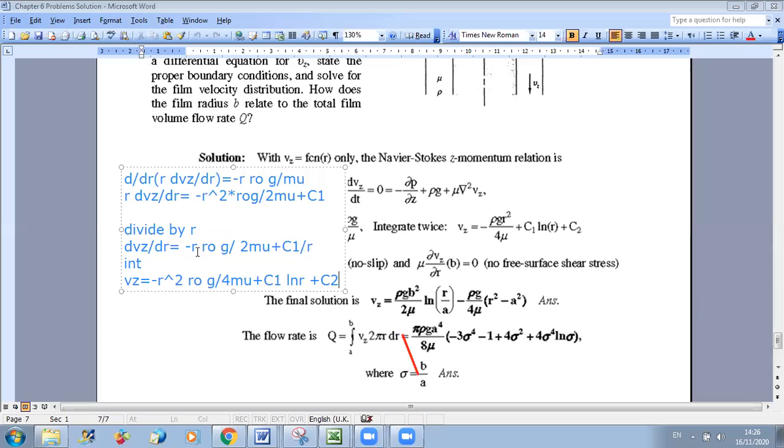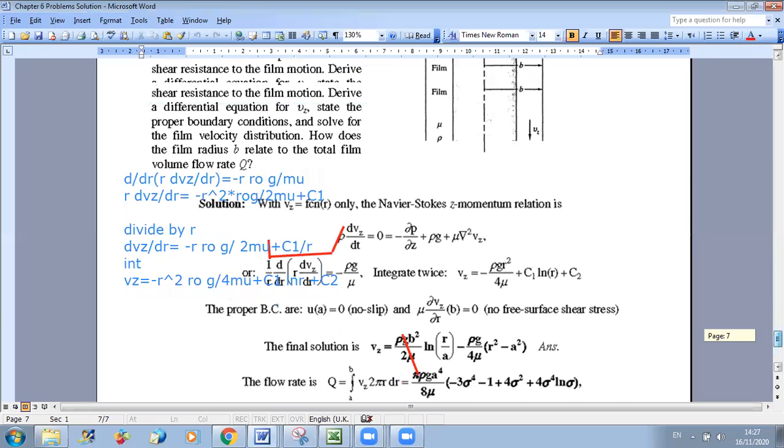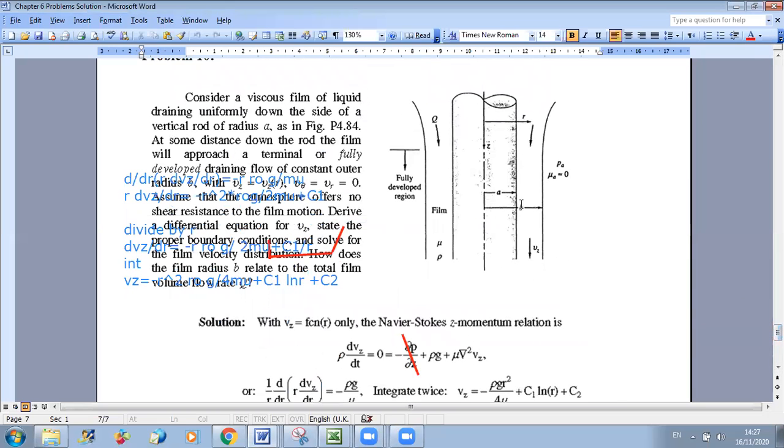Now, the final step is to get c1 and c2. To get c1 and c2, we need to apply boundary conditions. As we said, if we go back to our figure, we have two boundary conditions: at r equal a, v equal 0, and at r equal b, del v by del r equals 0.